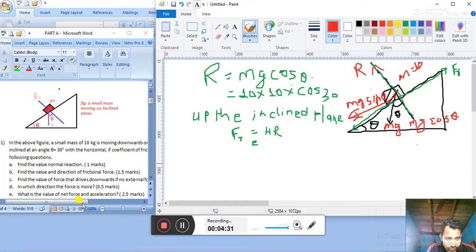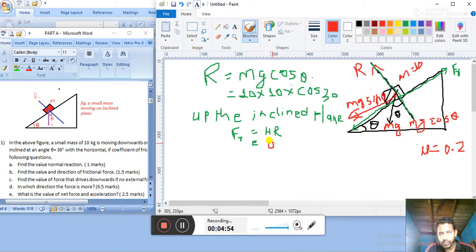Its mu value is given over here as 0.02. Change it, take this value as mu equals 0.2. There it is written 0.02, but don't use that value, use 0.2.